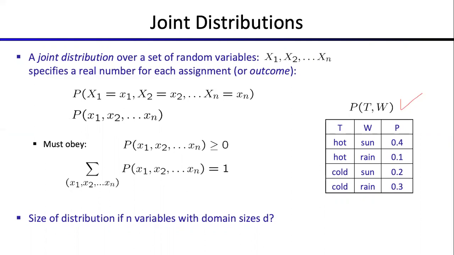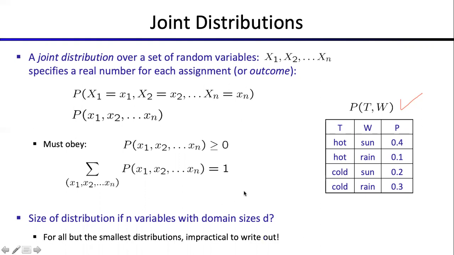So for every value of temperature, you'll have all possible values for W, and that would determine the size of this joint distribution table, right? Okay.